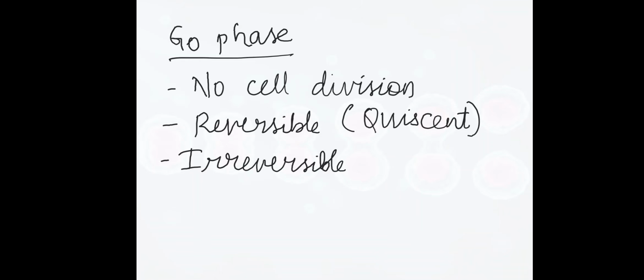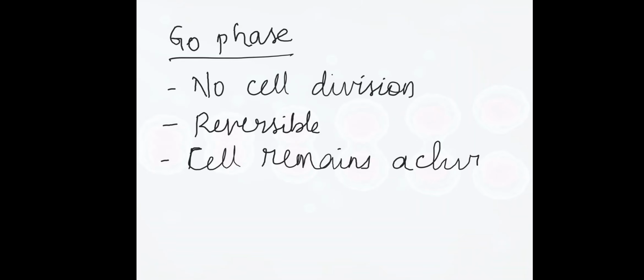In reversible stage, what is happening? In reversible stage, the cell remains active. They are active, but no longer proliferate.